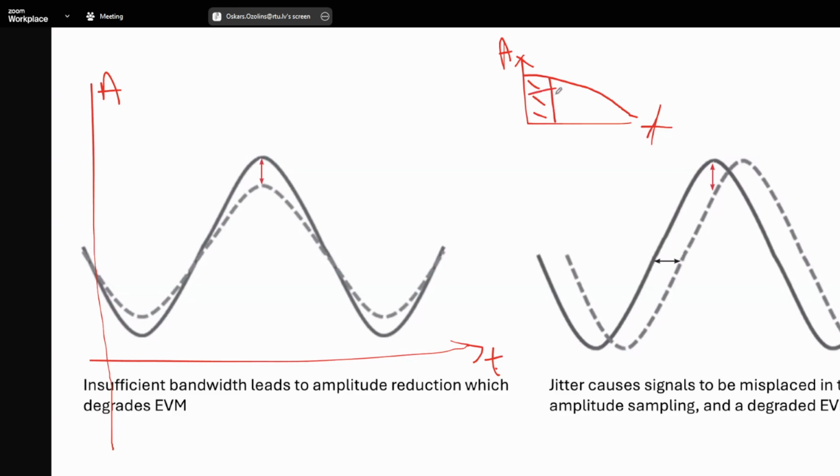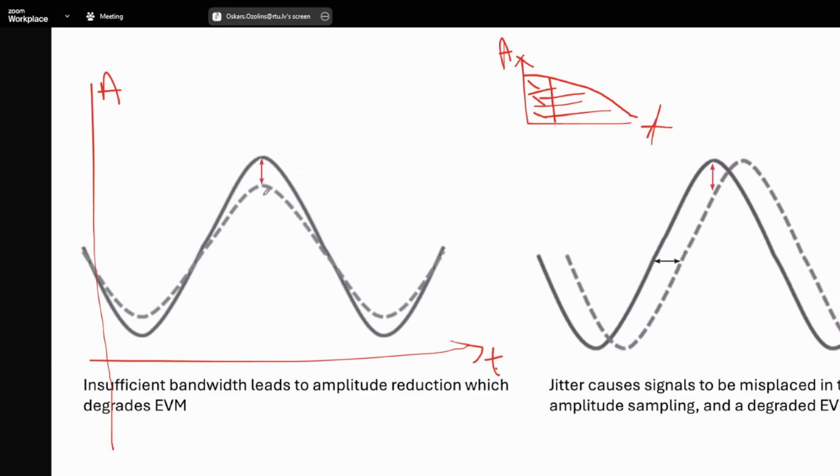You use all this spectrum, and then due to the channel being a low pass filter, which is quite typical, maybe you can even have some ripple here.